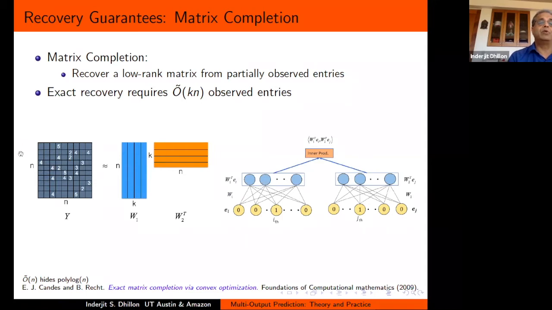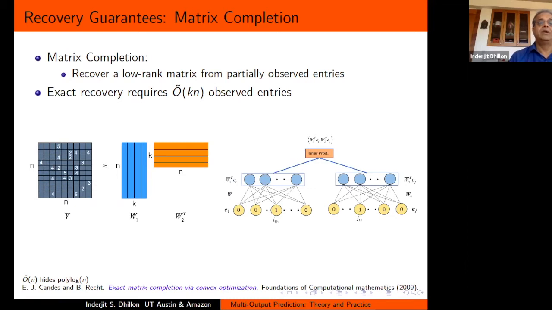There are no features along with the inputs or with the outputs. And the matrix completion or matrix factorization problem in recommender systems is: given this matrix Y with lots of missing values, can we factor it into a product W1 W2 transpose? And then what can you say about this?